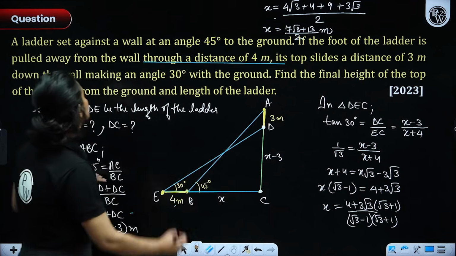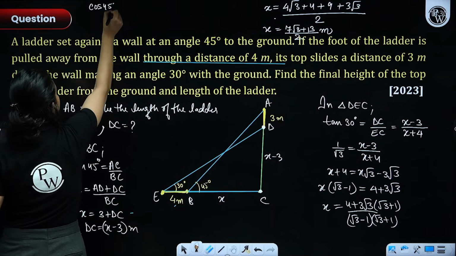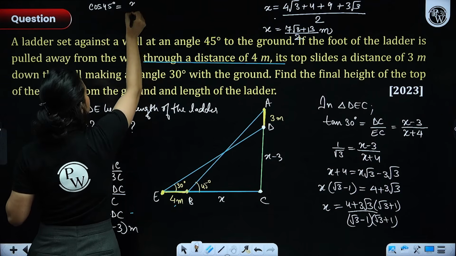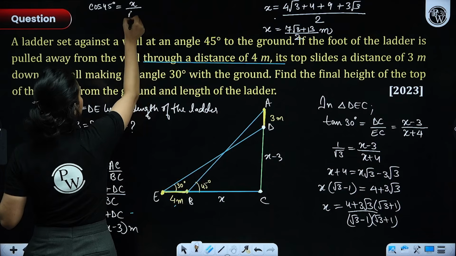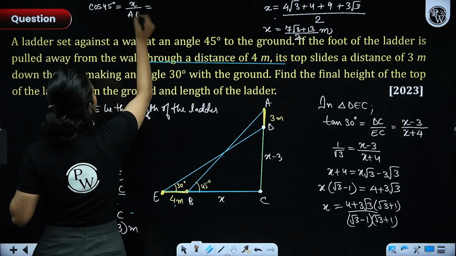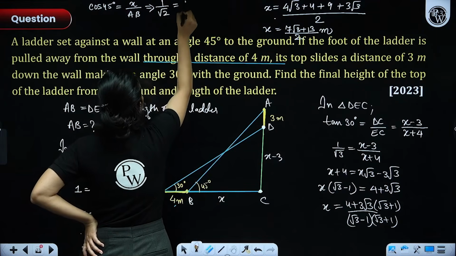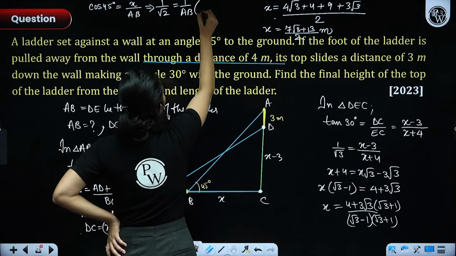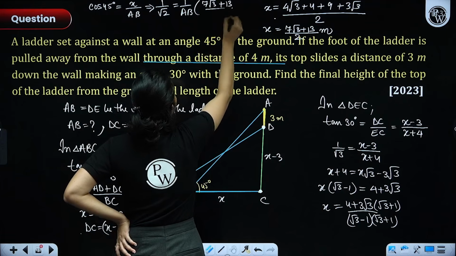Cos of 45 degrees is equal to BC, that is x, divided by AB. So from here you can say that 1 over root 2 is equal to 1 by AB into 7 root 3 plus 13 divided by 2.